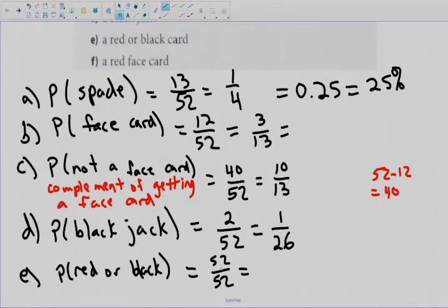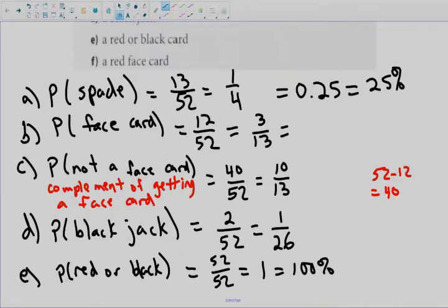I kind of mentioned it a little bit above, that it can happen, but this is the first time we see this. 52 divided by 52 is 1. 1 is already both a reduced fraction and a decimal. So to convert it to a percentage, this is 100%. There's a 100% chance of picking a red or a black card.